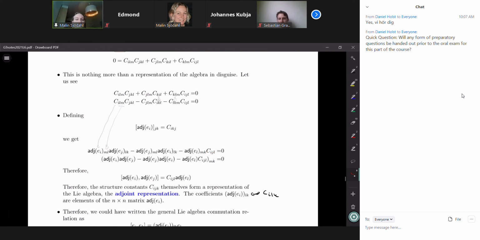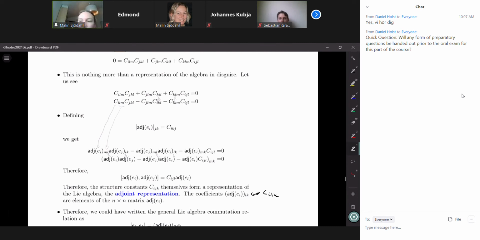The nice thing about this so far random seeming transformation is that now we have passed it into something that looks again like a matrix multiplication. So if we look here, we have a dummy index l here in the middle, we have a dummy index l here in the middle. Last term, there is no such thing.